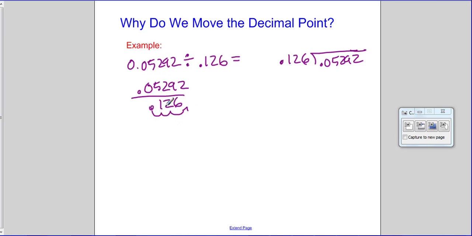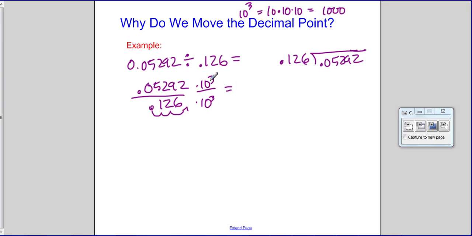Every time I move it 1 to the right, that's like multiplying by 10. So this is 10 times 10 times 10 because I moved it 3 times. Well, 10 times 10 times 10 is the same, by the way, as 10 to the third. And that's 10 times 10 is 100 times 10 is 1,000. So I'm multiplying by 10 to the third, which is 1,000, over 10 to the third.